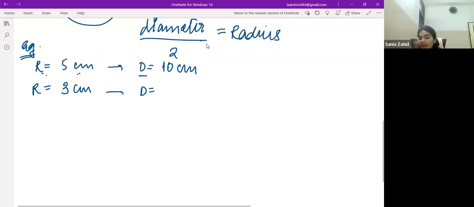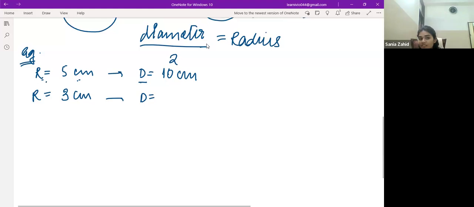So what we have is, here radius is 5 centimeter and diameter becomes 10 centimeter. So you double the radius to get the diameter. Razan, look carefully. Diameter is a bigger thing. So when you have the radius, you will double the radius. So what is the double of 3? What is the double of 3, Razan?